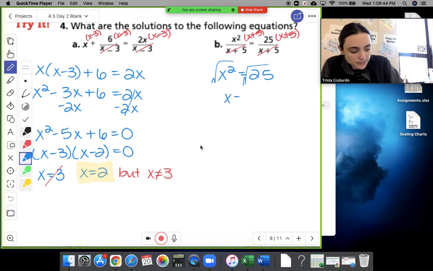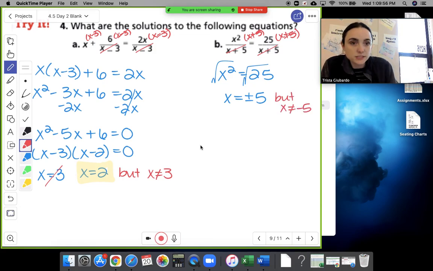That gives me x equals plus or minus the square root of 25, which is 5. Still check for restrictions though: x cannot equal negative 5, since we have the x plus 5 in the denominator. So the negative is my extraneous. Our answer is just x equals 5.